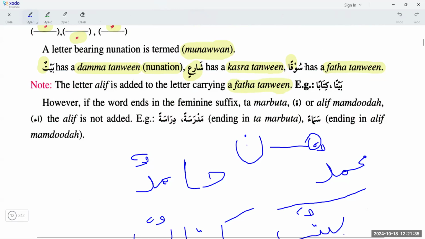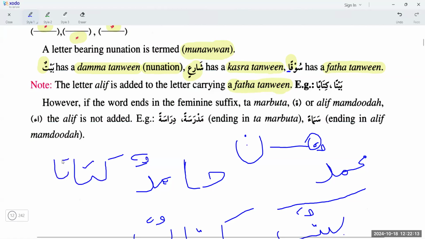Suqan. There is an extra alif. And this is mansub. We will learn about mansub, majroor, marfu later when we reach the lesson. So this is mansub, and when an indefinite noun gets a fatha tanween, then we add an alif, like kitaban.